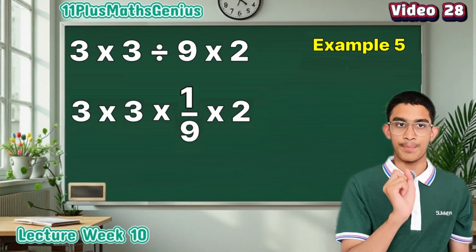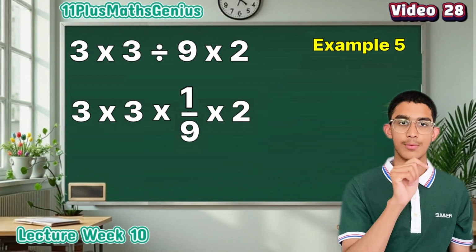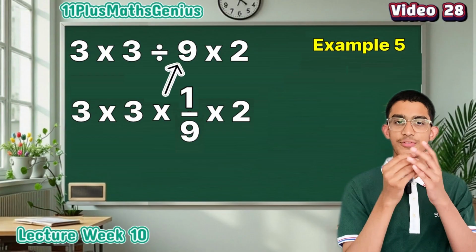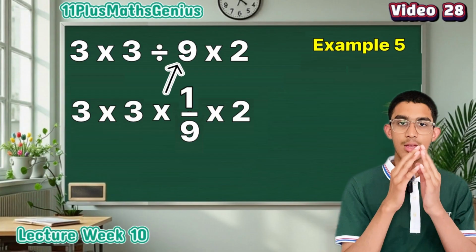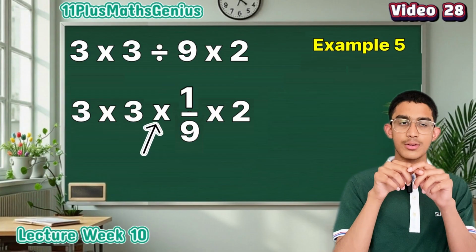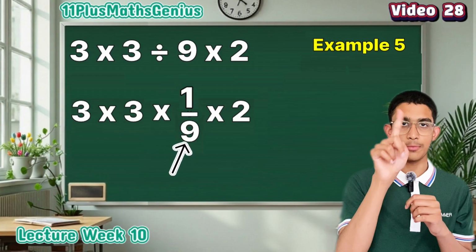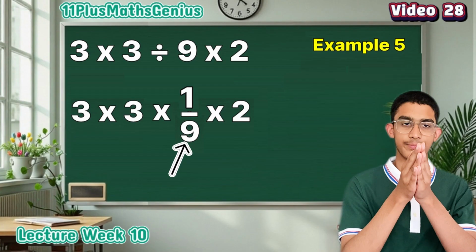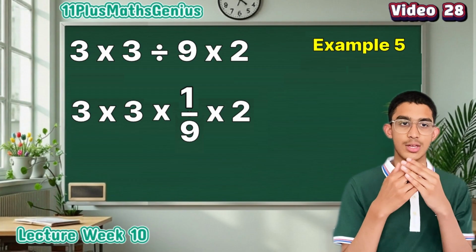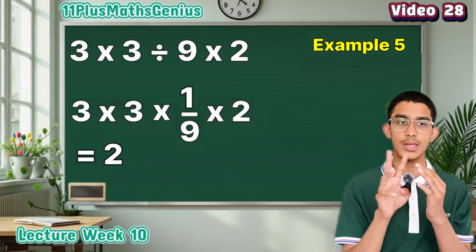So, for the above expression, we have 9 after the division sign. So we change the division sign and write 9 as 1 over 9. 3 times 3 times 1/9 times 2 equals 2.